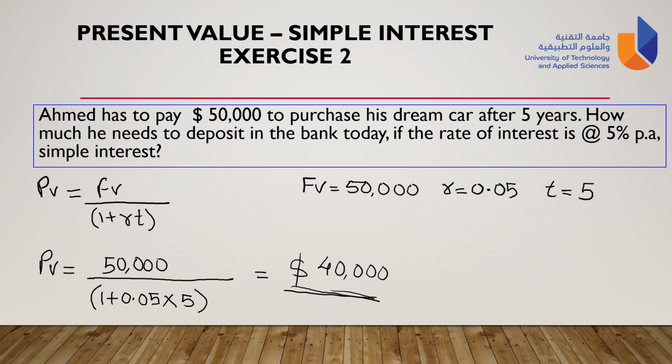So this is how we calculate the present value of money based on simple interest. Okay, so in our next video we will be learning how to calculate the present value using compound interest.